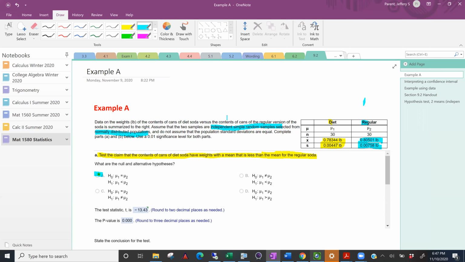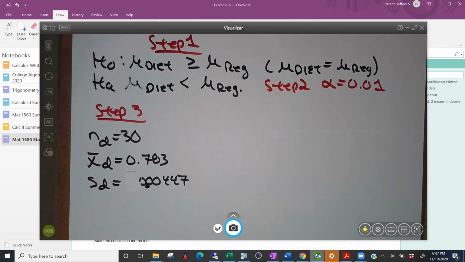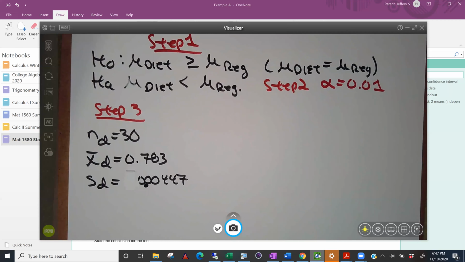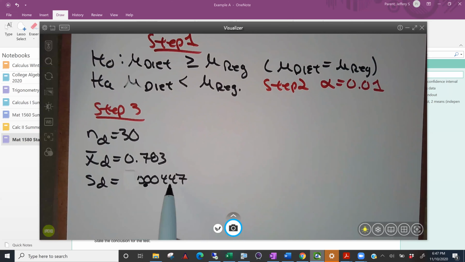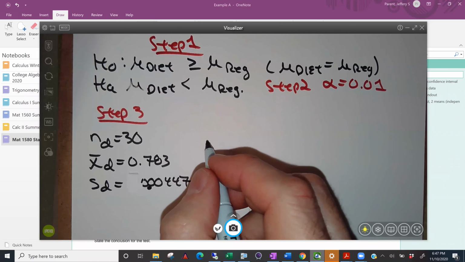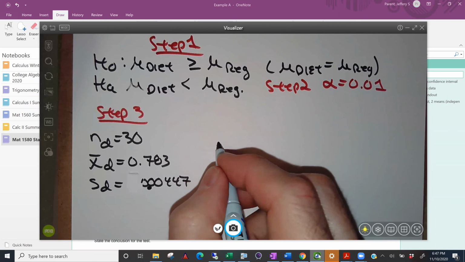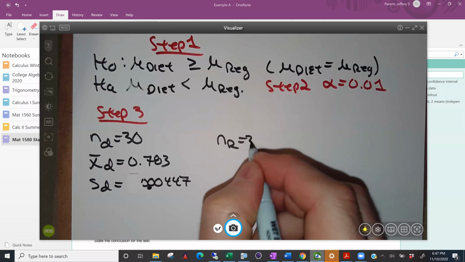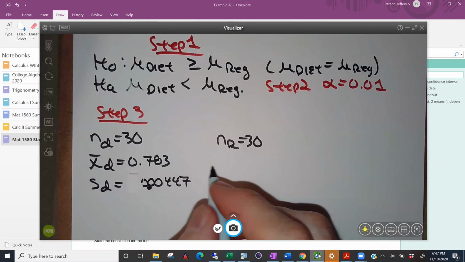Quick glance at my sheet here. 0.00447. And let's look at the same data for our regular pop. We had 30 cans here.